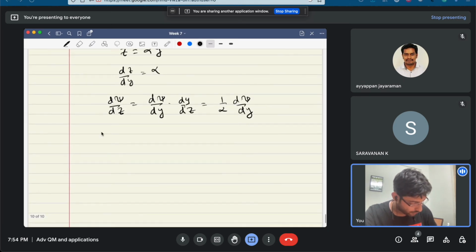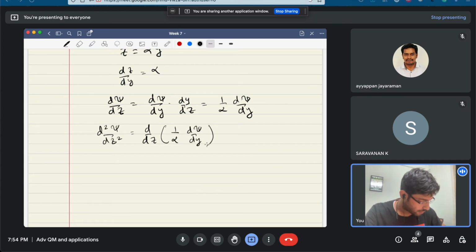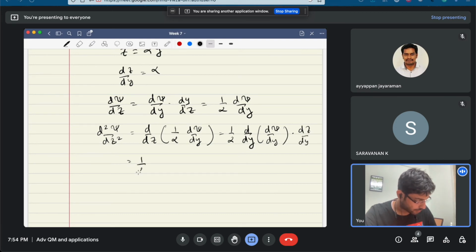For the double derivative you just repeat the thing one more time. Alpha you can take out, and so what you get is nothing but 1 by alpha square d square psi by dy square.